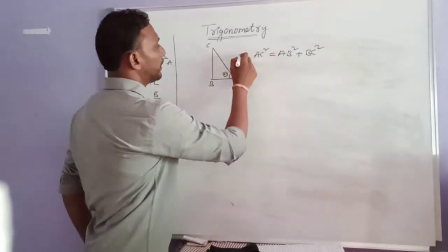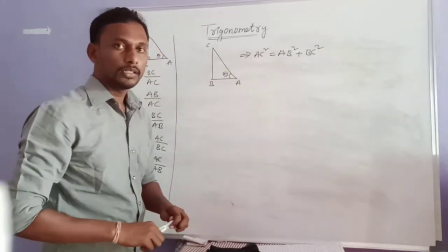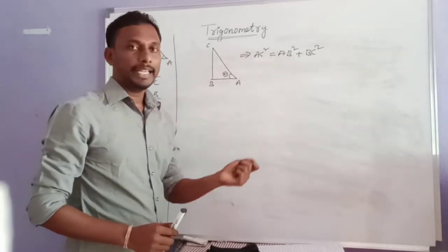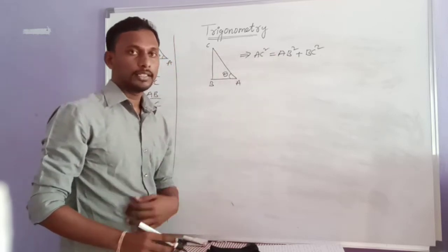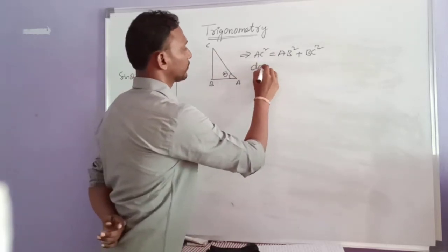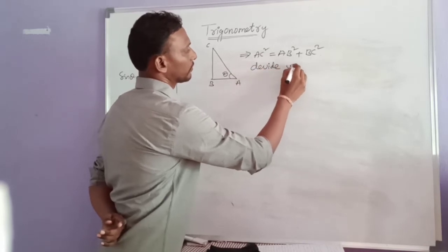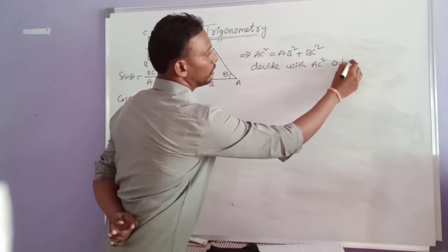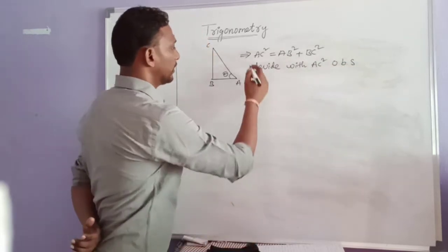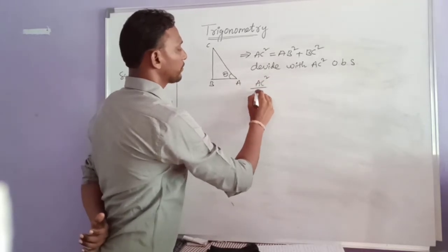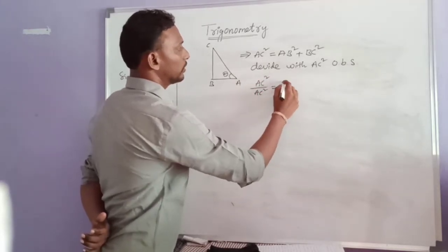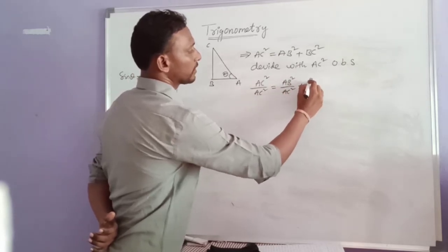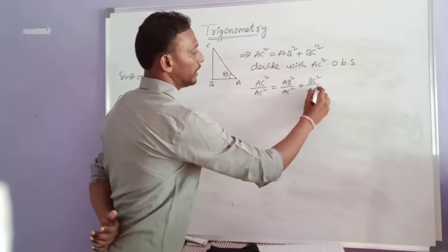So from this Pythagoras theorem, I am dividing by AC square on both sides. Now AC square by AC square is equal to AB square by AC square plus BC square by AC square.